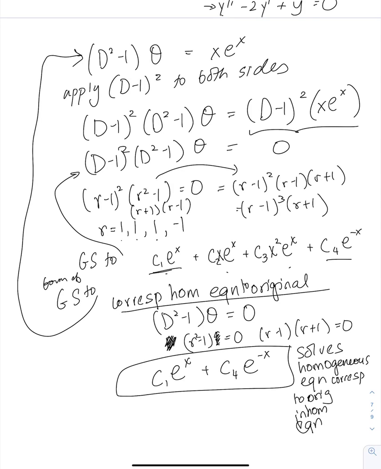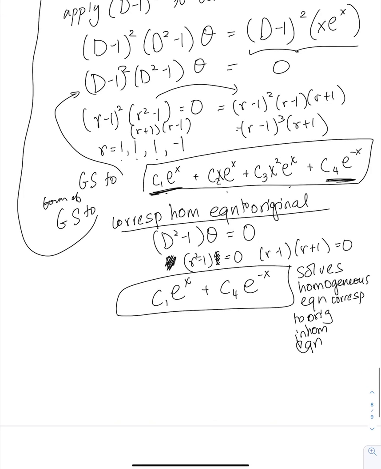So when you take this as your guess for the form of a solution to the original, the first term and the last term won't do anything because they're just going to give you 0. Okay, so comparing these two, you know that a particular solution to the original inhomogeneous equation has the form C2 x e to the x plus C3 x squared e to the x.